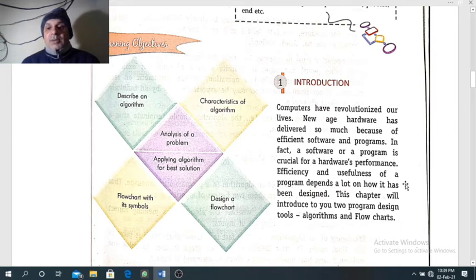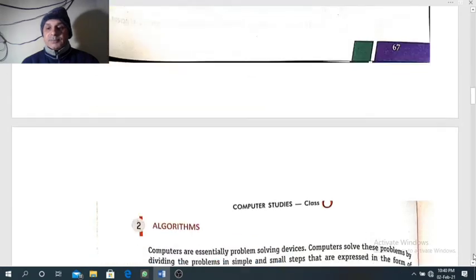So software or a program is crucial for hardware's performance. Efficiency and usefulness of a program depends a lot on how it has been designed. In this chapter we are going to study how to design an algorithm and how to design a flowchart.